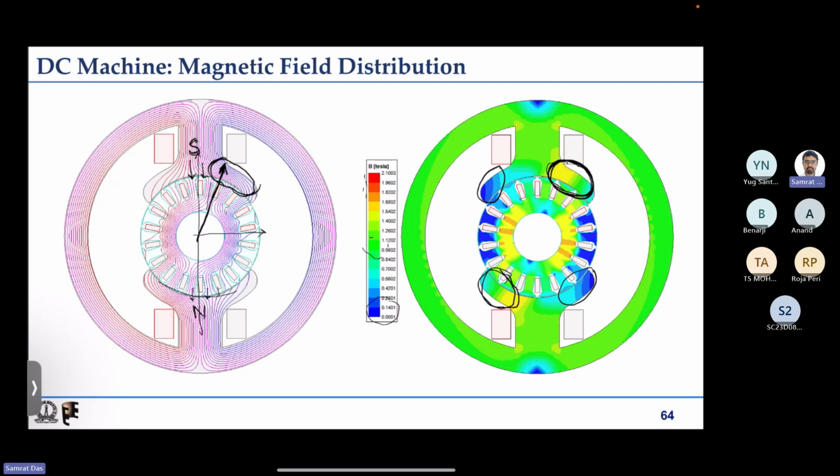For the rotor, they are leaving the rotor surface here, so north pole is here and south pole is here. Now you can see that this north pole will get attracted like this, and the south pole will get attracted like this. So there is a torque in action which makes it rotate in the anticlockwise direction.